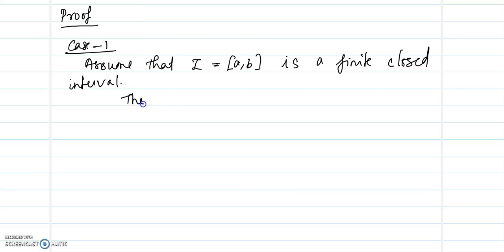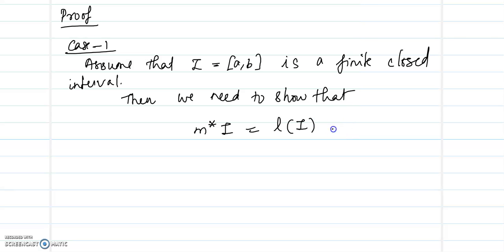Then what we need to show is that m star of I will be equal to the length of I, which is equal to b minus a. So the length of this closed interval is b minus a. This is what we need to show.